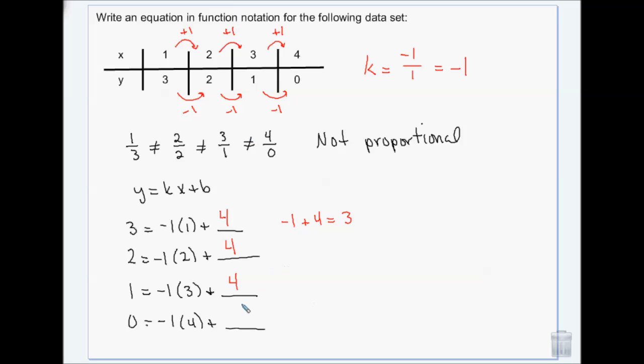Oops, I'm putting zeros in when I meant to put 4s. So this is my b. So I plug in my k, and I plug in my b, and I have my equation. So y equals negative x plus 4.